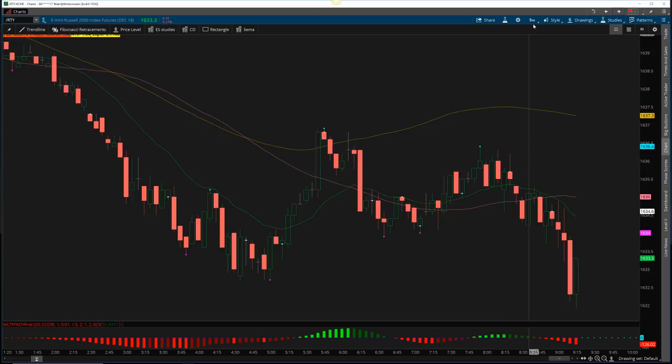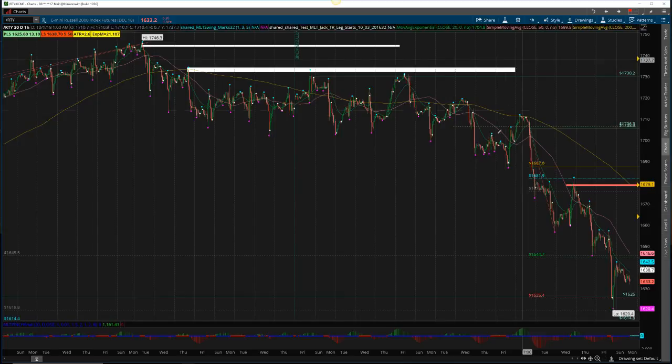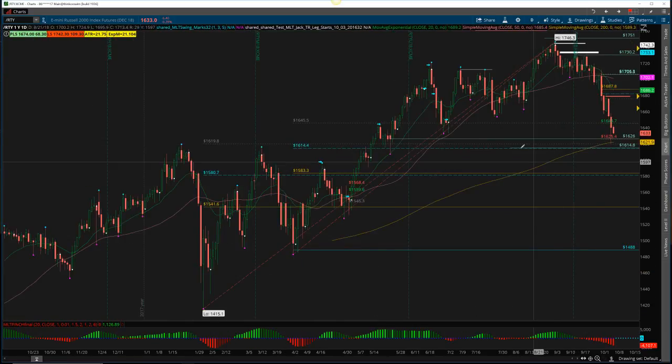For the Russell here, oof, this thing has been getting smoked. I have the support zone at 1626. I need to back out to a higher time frame. Yeah, that's basically the beginning of the rally.